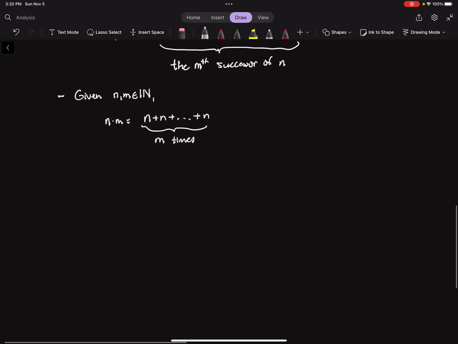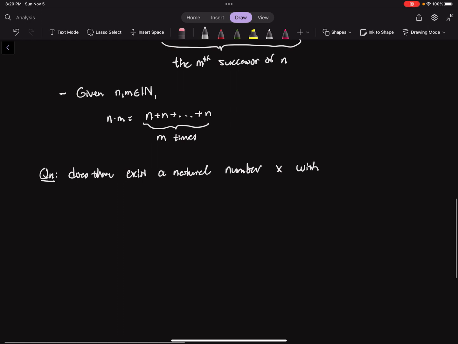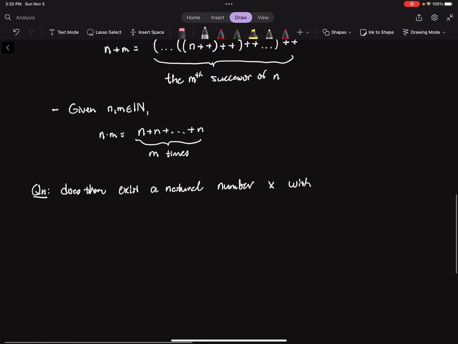So for example, here's a question. Does there exist a natural number x with, I don't know, how about x plus 4 equals 2?